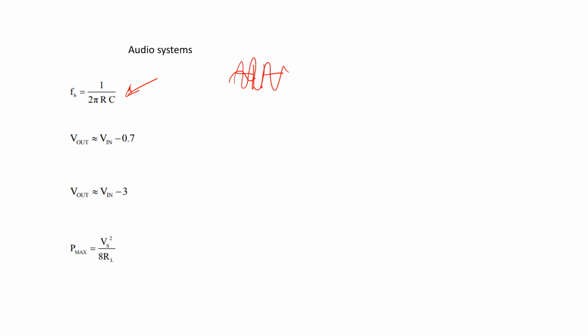So reactance drops at high frequencies. Okay, so you've got your 4 filters, and they can ask you to plot it on a log scale. Hopefully you're okay with plotting that.